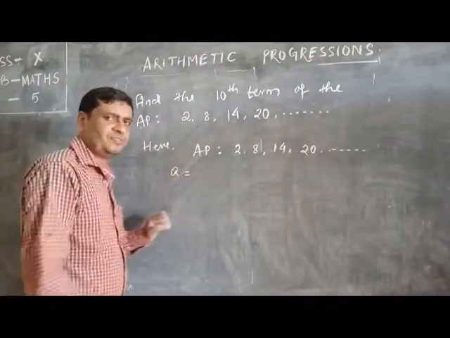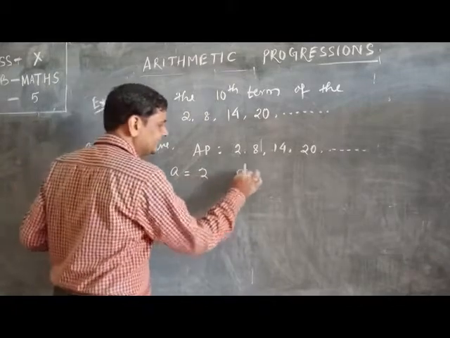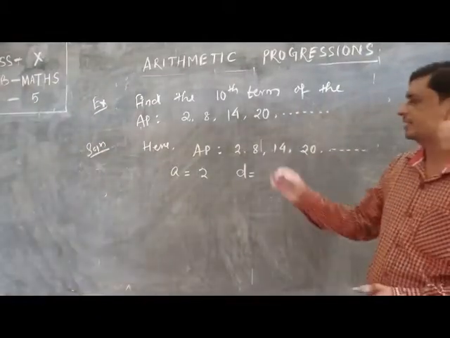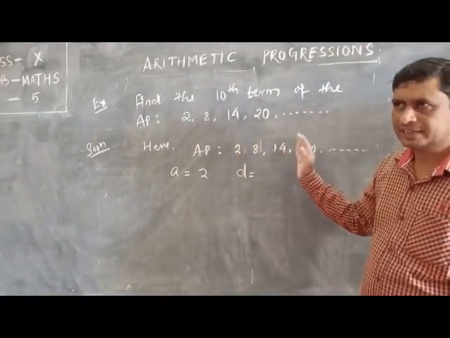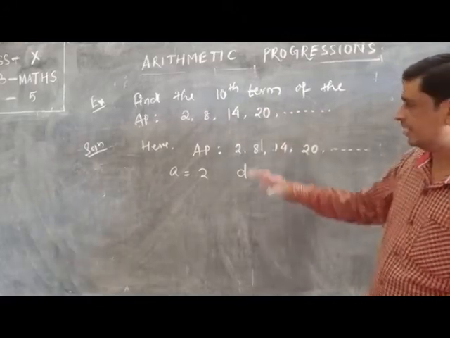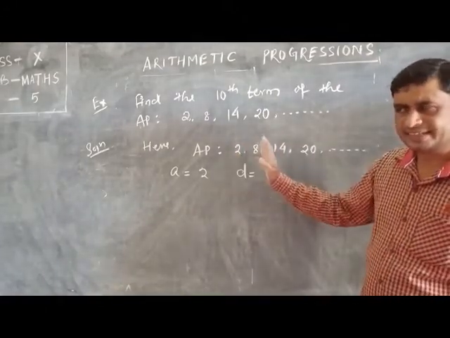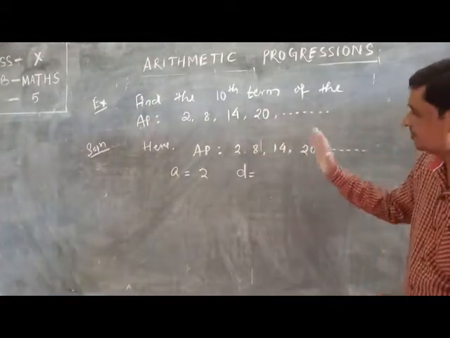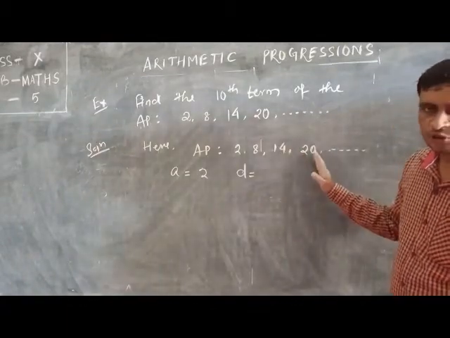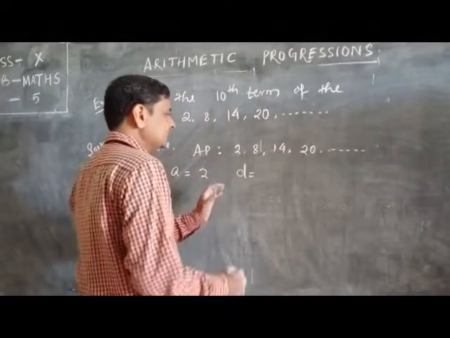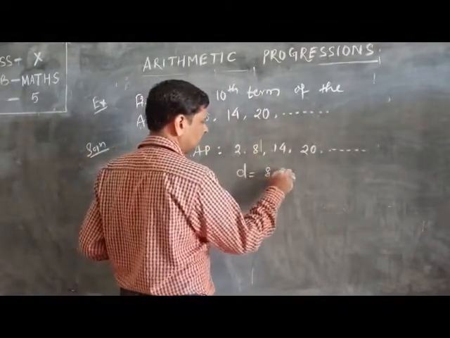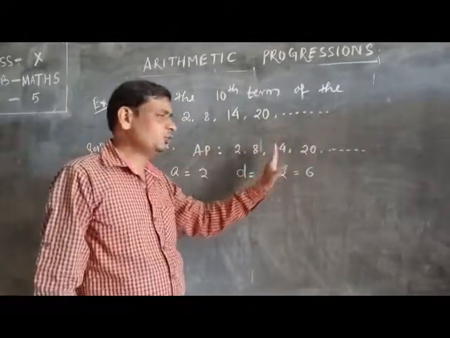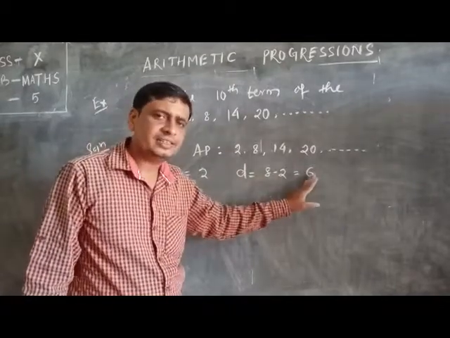A, that is the first term, is 2, and D, the common difference, is calculated by subtracting any term from its next term, like A2 minus A1, second term minus first term, or A3 minus A2, or A4 minus A3. This D can be calculated as 8 minus 2, that is 6, or 14 minus 8, 6, or 20 minus 14, 6. We get the common difference.